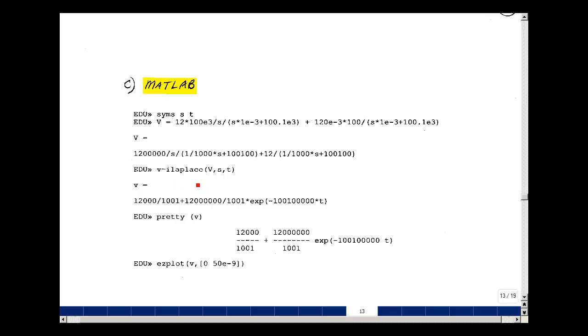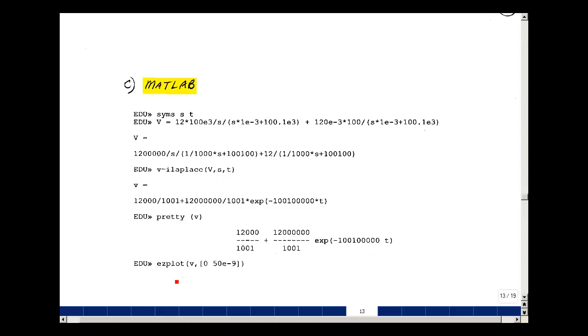Then we'll take the inverse Laplace transform of our variable v, which is a function of s, and then our results will be as a function of t, and I'll call that little v. And this is the resulting expression. It's a little hard to read, so let's hit the pretty command, and we get the ratio of these two numbers, which turns out to be equal to 11.988, and the ratio of these two, which is 11.988k, and this is e to the minus 100.1 times 10 to the 6th.